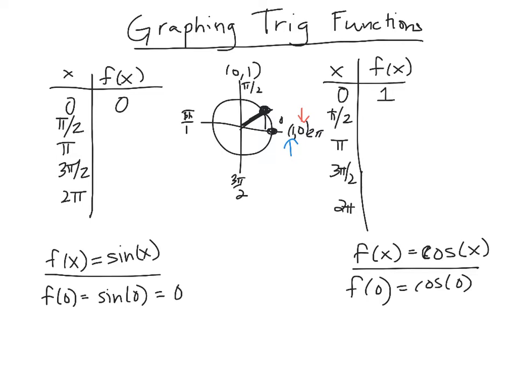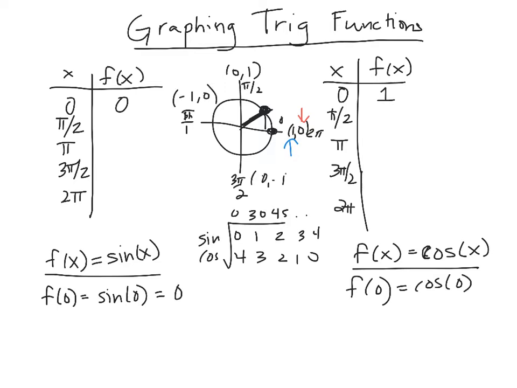So we can do it that way, or of course you can always use this table. It's up to you. Either way is fine. But I'm just going to use the unit circle. So the coordinates here are negative 1, 0, 0, negative 1.